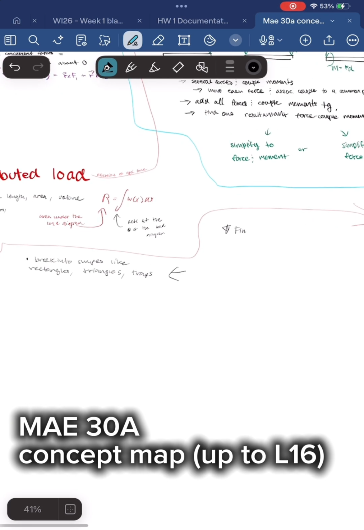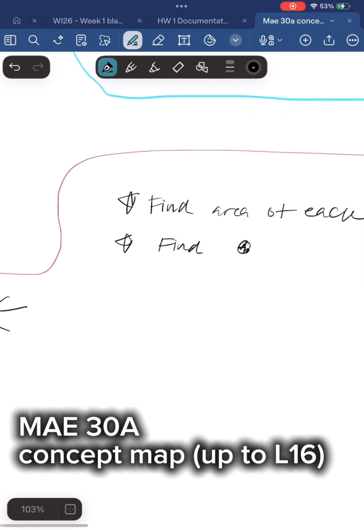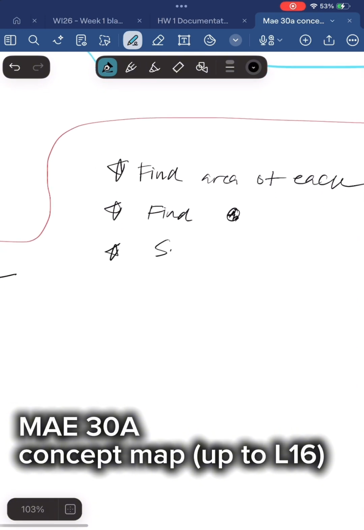Each, we'll want to find the centroid location, and then sum the moments.